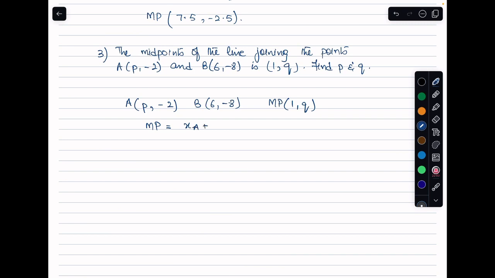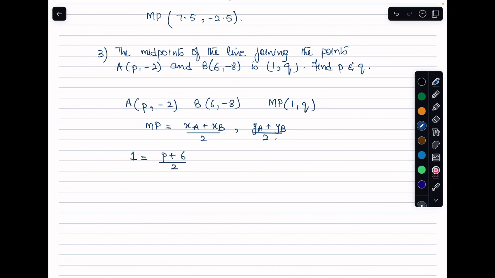Which is going to be XA plus XB divided by 2, and also YA plus YB divided by 2. So the midpoint is given to us. I will be equating the midpoint x coordinate, which is 1, to the x coordinates of A and B, which is going to be P plus 6 divided by 2.